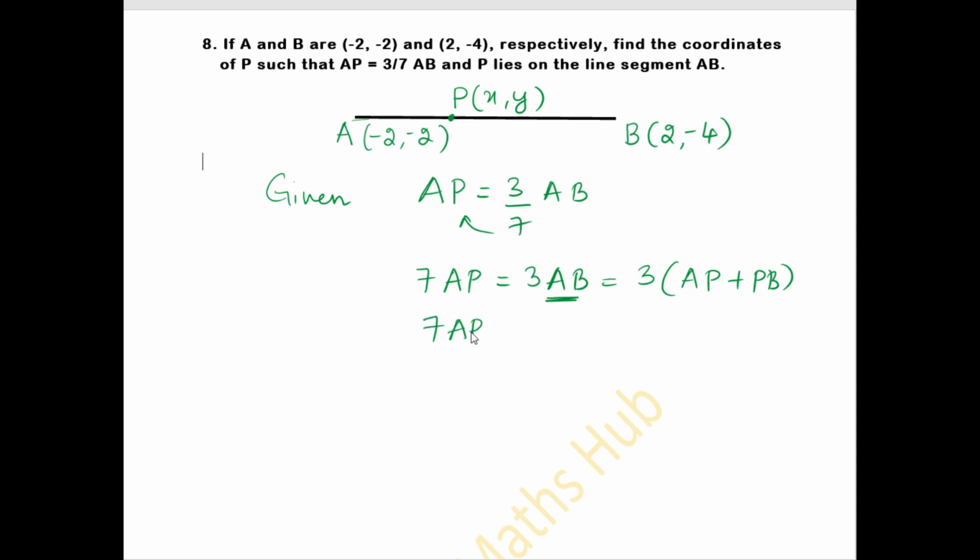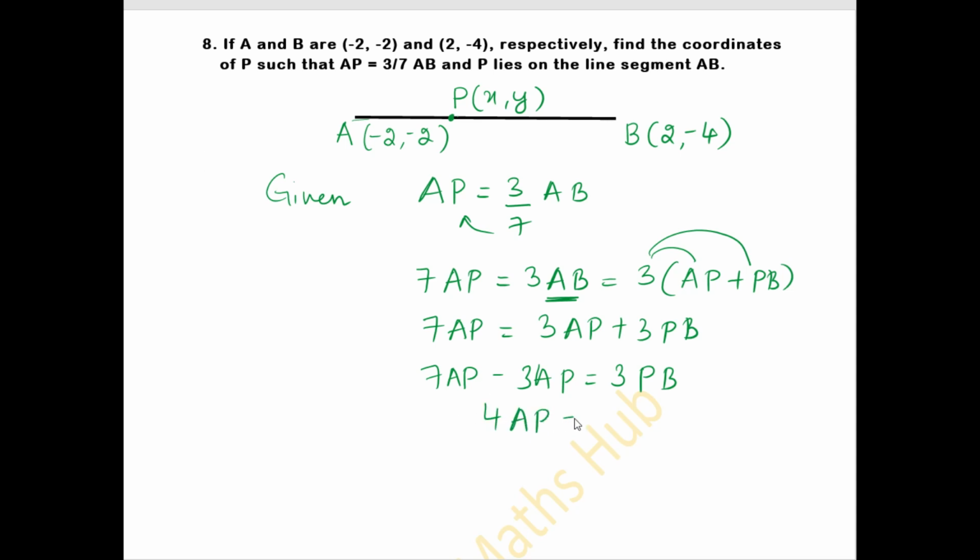Now 7 AP equals 3 AP plus 3 PB. Now shift 3 AP to the LHS: 7 AP minus 3 AP, that is 4 AP, equals 3 PB.